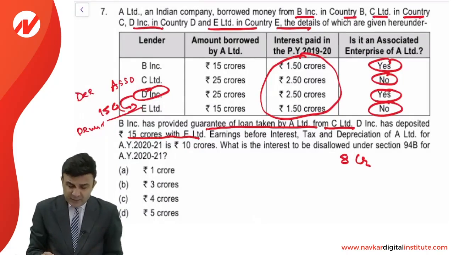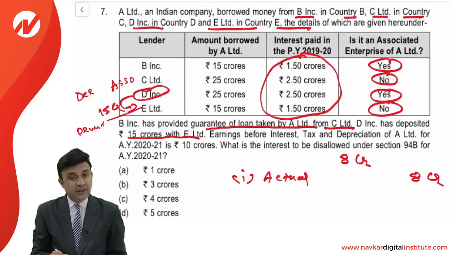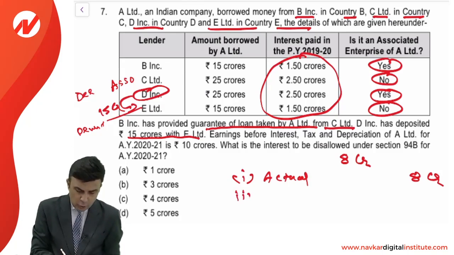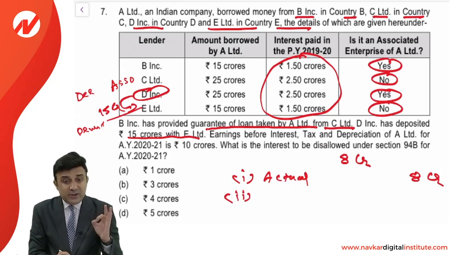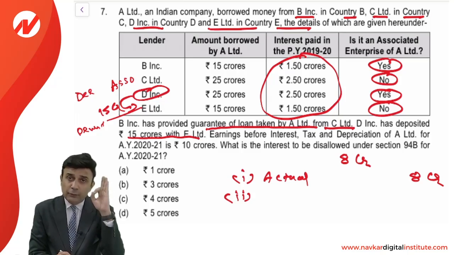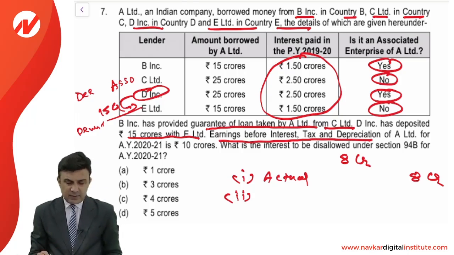Section 94B says that actual interest paid by me to my associate, that is 8 crore, because all are my associate or deemed associate, or interest in excess of, friends, 30% of EBITDA, earnings before interest, tax and depreciation, would be disallowed.